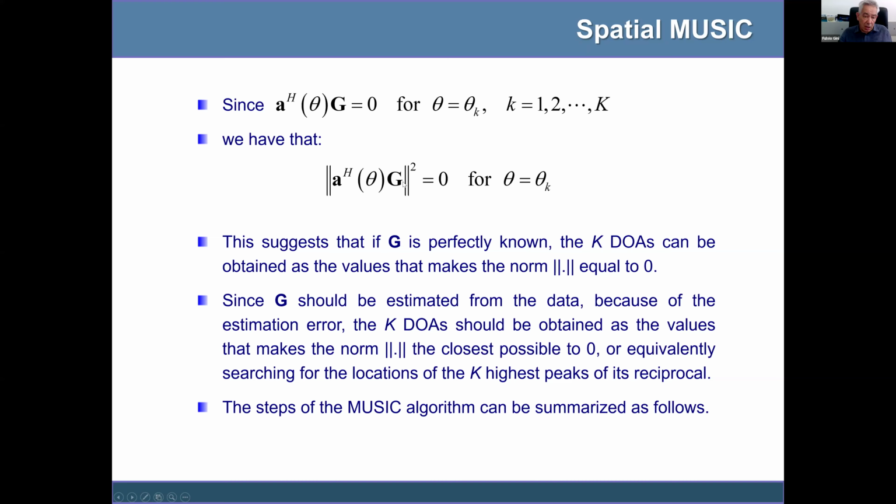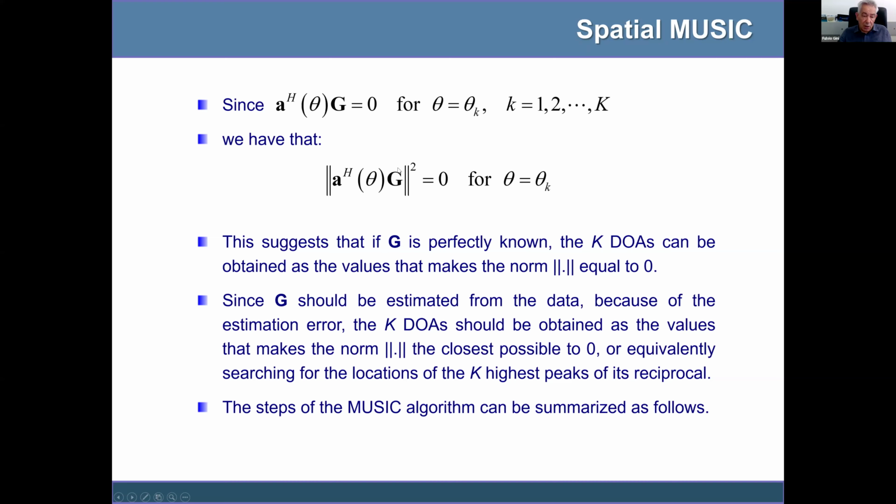Now, this is exactly true if G is perfectly known. The problem is that G should be obtained from the data. And if you obtain G from the data, this quantity will not be exactly 0. We expect it to be small.